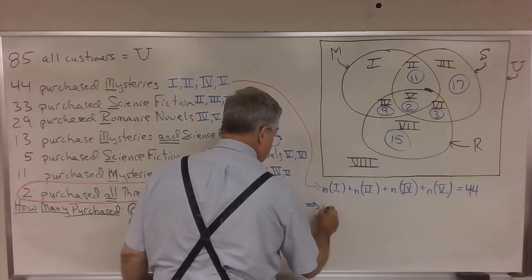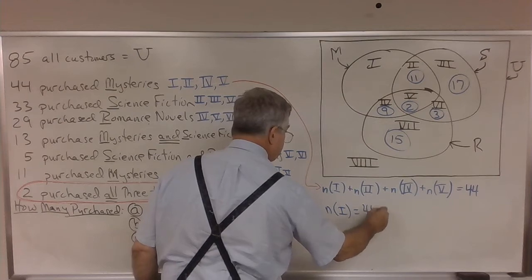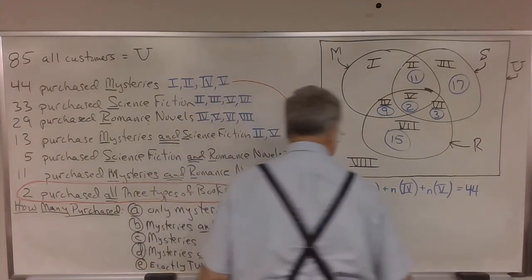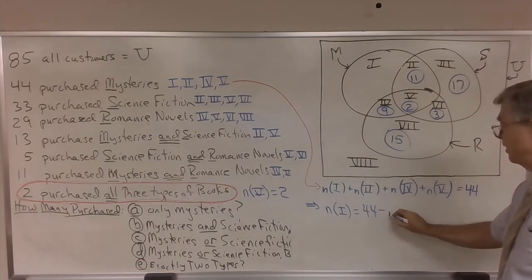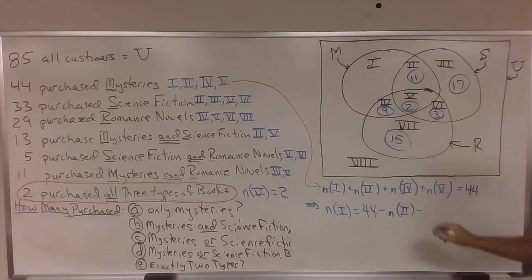So let's see. Number of people in region 1 equals 44 minus number of people in region 2 minus number of people in region 4 minus number of people in region 5.